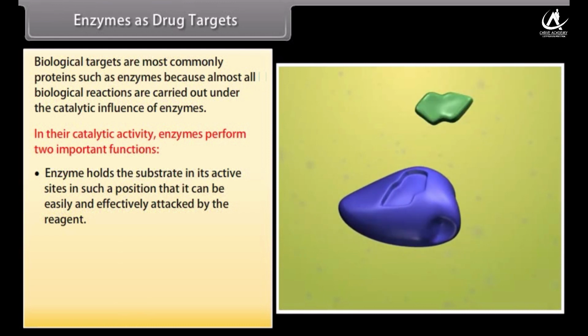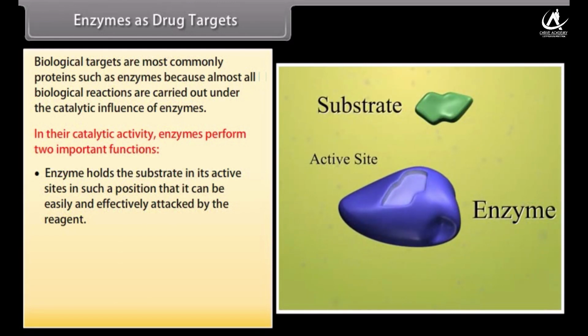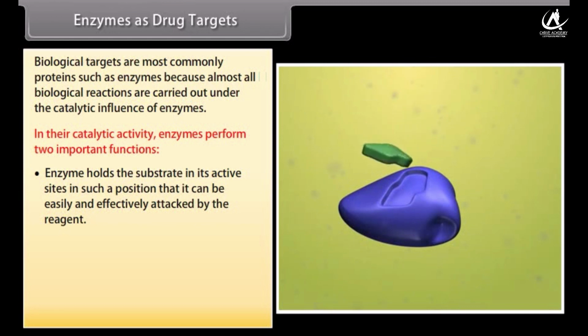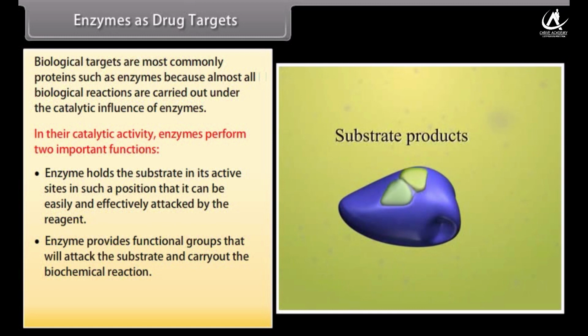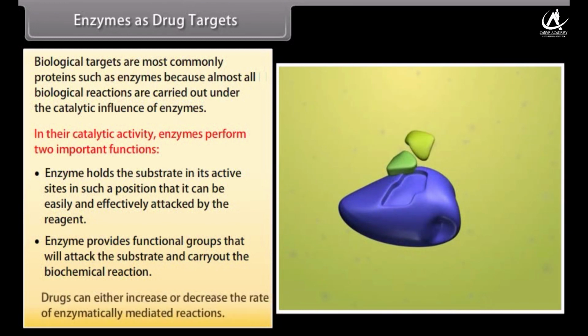Enzymes hold the substrate in its active site in such a position that it can be easily and effectively attacked by the reagent. Enzymes provide functional groups that will attack the substrate and carry out the biochemical reaction. Drugs can either increase or decrease the rate of enzymatically mediated reactions.